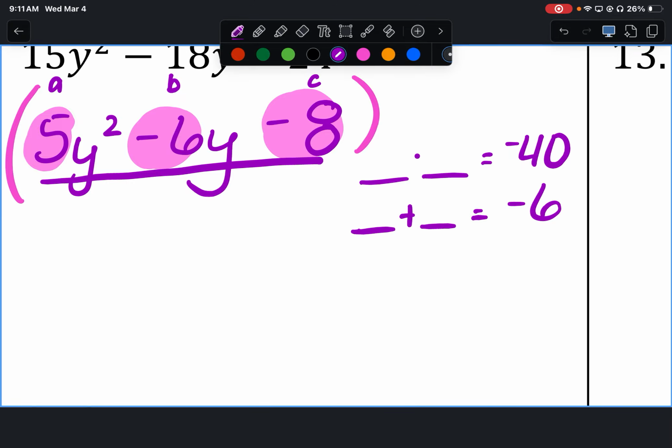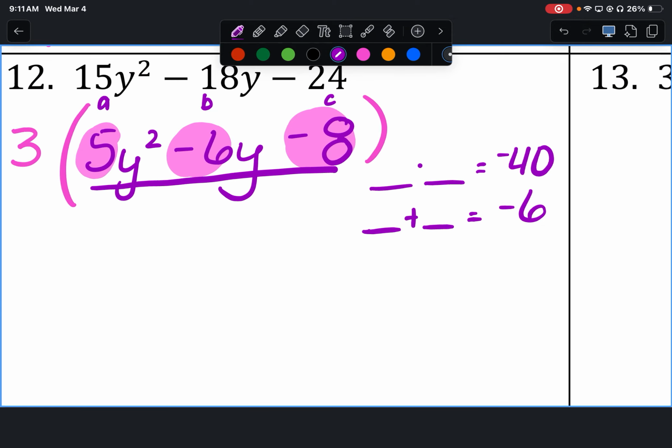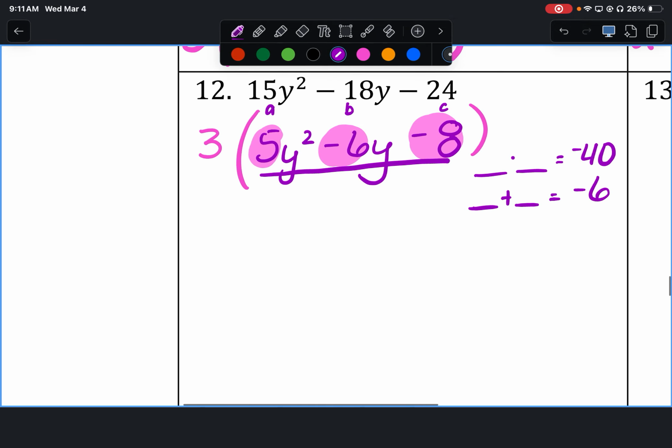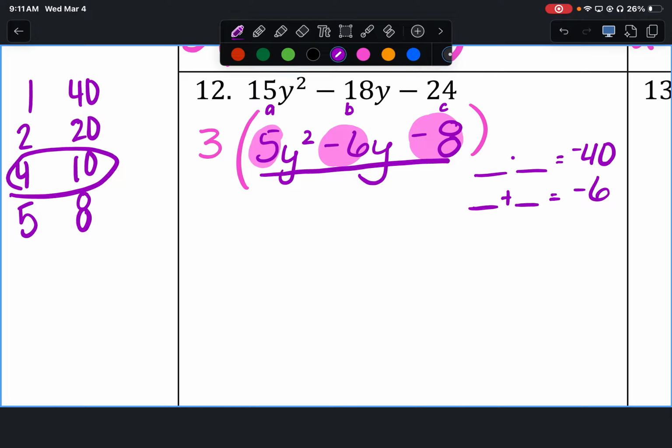What multiplies to give you negative 40 but adds to give you negative 6? So let's list out our factors. 1 and 40, 2 and 20, 4 and 10, 5 and 8. Which of those can I combine to get 6 in any way? 10 and 4. What combination of them do I need to use? Negative 10 and positive 4.